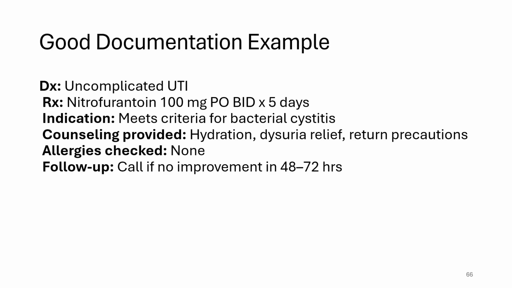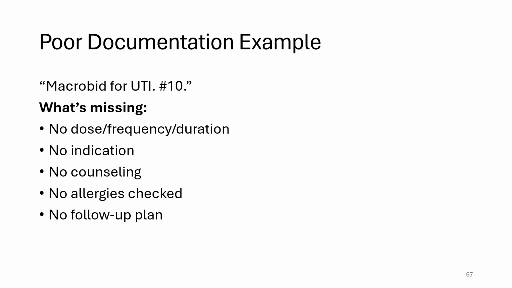The patient has met the criteria for bacterial cystitis, and that might include documentation of a urinalysis. Counseling was provided for hydration, dysuria relief, return precautions. Allergies have been checked. The patient does not have any allergies, and the patient was informed to call if he or she does not improve in 48 to 72 hours.